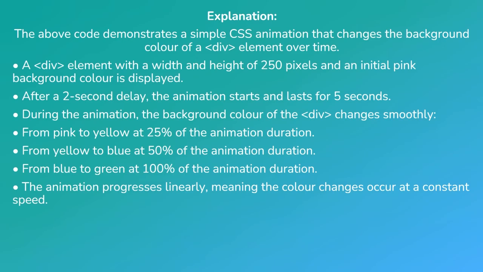Third, during the animation, the background color of the element changes smoothly: from pink to yellow at 25% of the animation duration, from yellow to blue at 50% of the animation duration, and from blue to green at 100% of the animation duration. Finally, the animation progresses linearly, meaning the color changes occur at a constant speed.